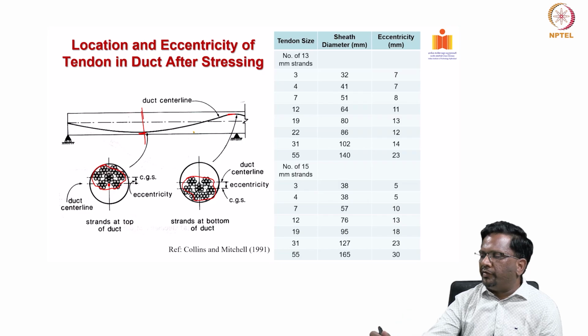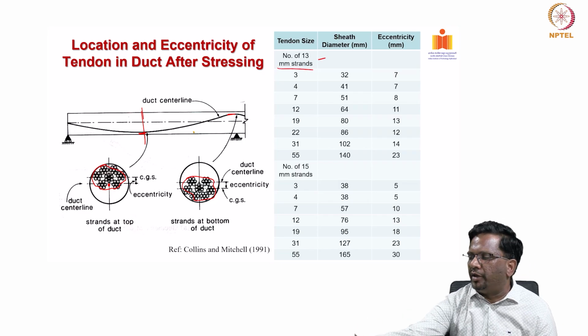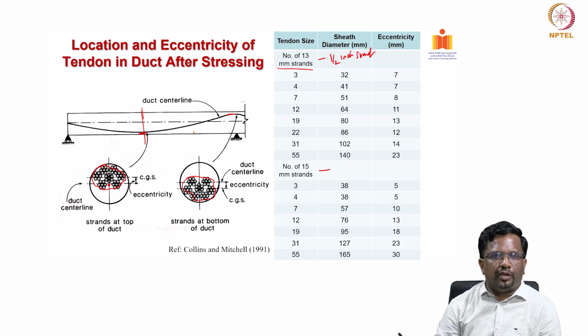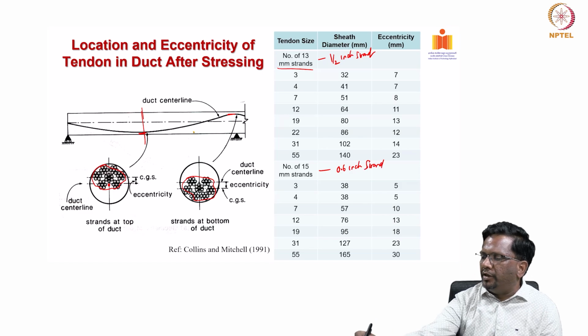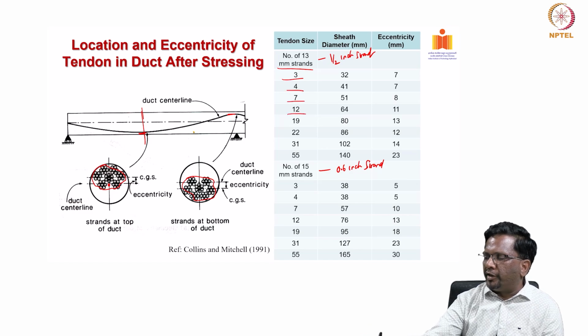For example, these are the different tendon sizes. This is a 13 mm strand, which is typically a half-inch strand, and this is a 15 mm strand. It is taken as a 0.6 inch strand, and you have these varieties: 3 strand cable, 4 strand cable, 7 strand cable, 12 strand cable, 19.